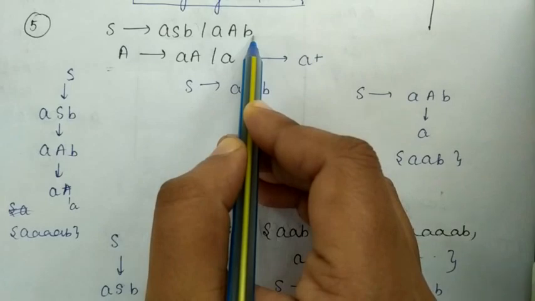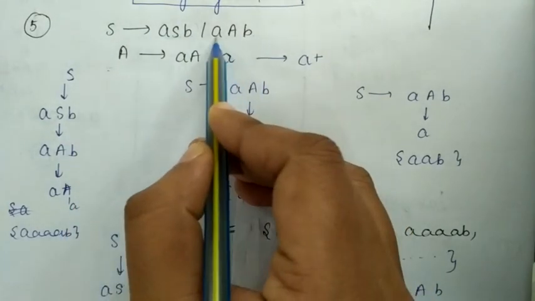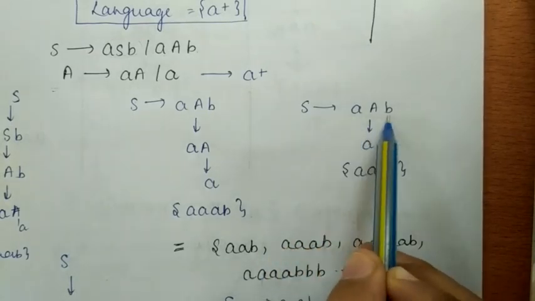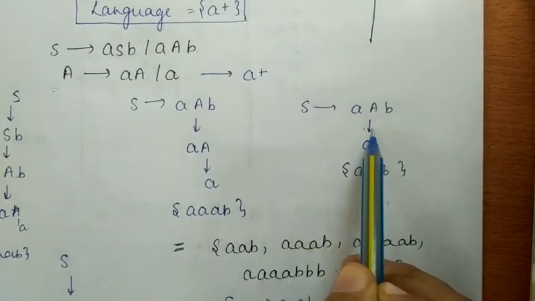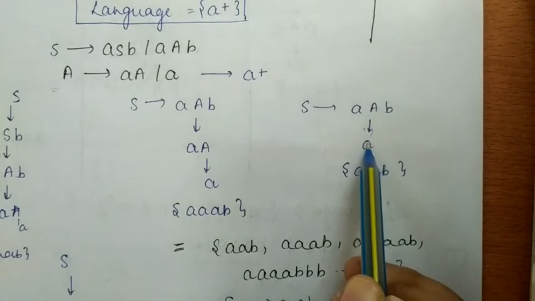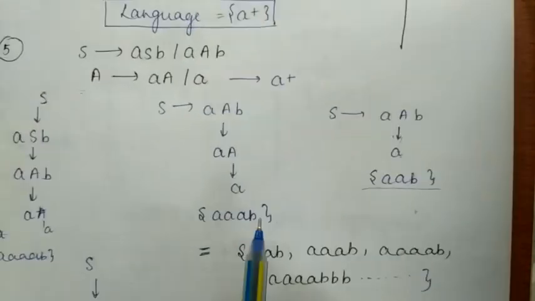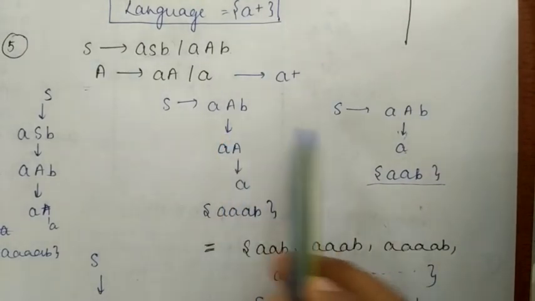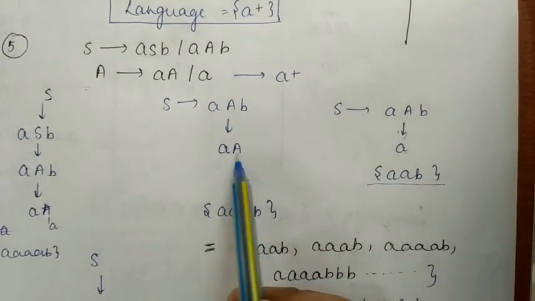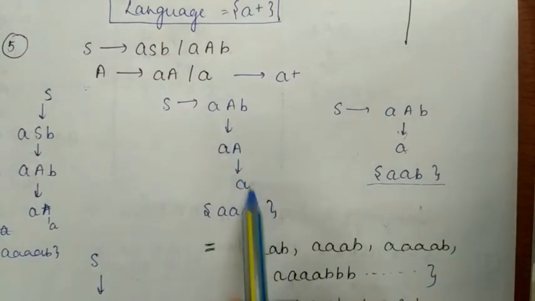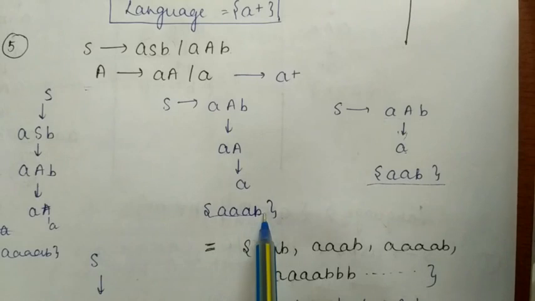We can replace S by AAB, and if we put the terminal A, we get AAB. And if we replace this A by AA and then replace by terminals, we get 3 A's and B.